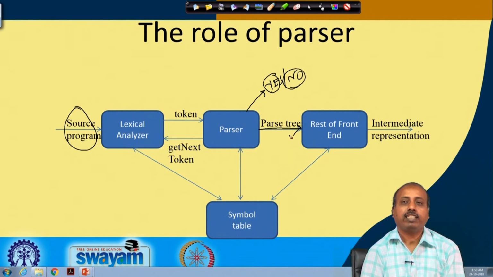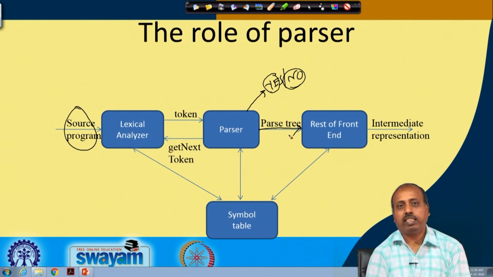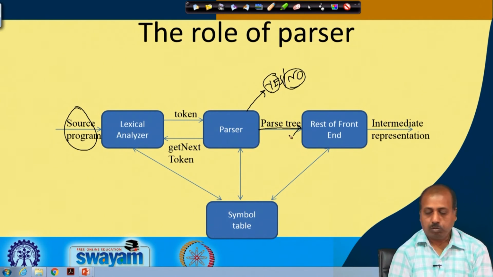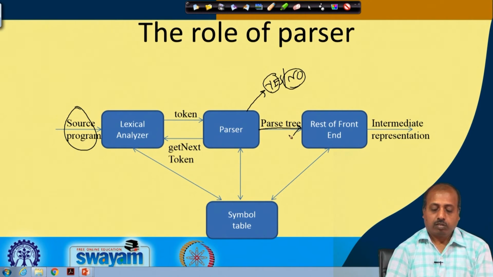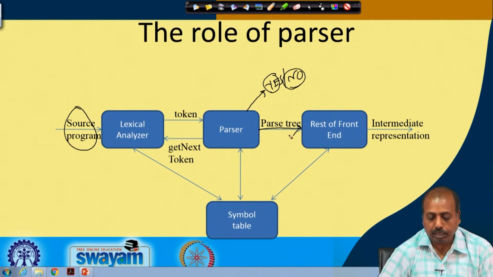So, it can flag that message, that there is a mismatch. It is the job of the compiler designer to ensure that those erroneous conditions are checked, and appropriately informed to the user. Then the user will correct the source program and again give it for compilation. So, it will go like this.